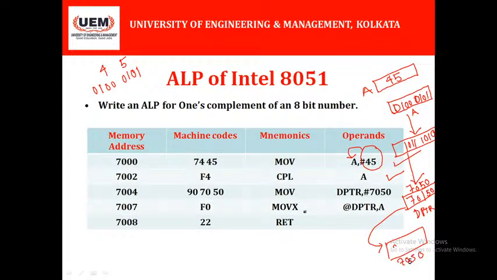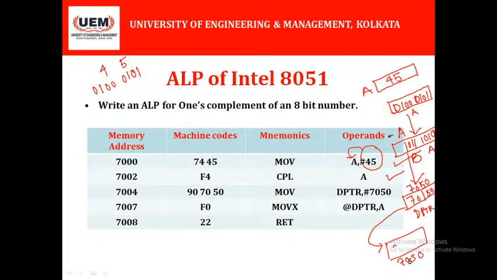Now MOVX @DPTR, A. This is now the final value of A, which is 1011 1010. Now 1010 is A, we know that, and 1011 is B, we know that.